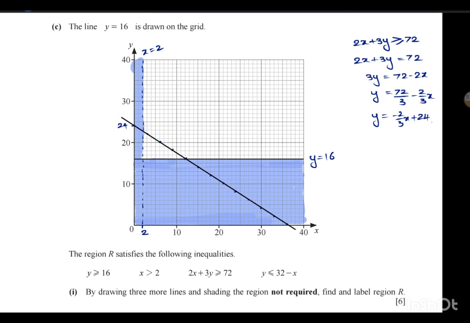This is the equation 2x plus 3y is equal to 72. This is again a bold line because greater than or equal to is given. Now for shading, because it is greater than, it should be above, but we have to shade below.